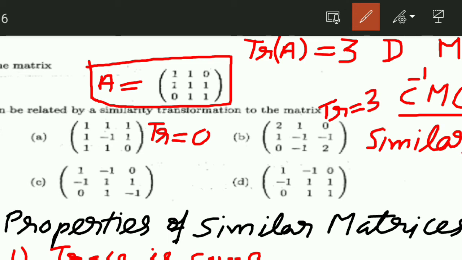For this matrix, the trace is 1. And for this matrix, the trace is again 3. So we can see that only B and D have the same trace as matrix A. From now on, we just have to consider matrix B and matrix D.